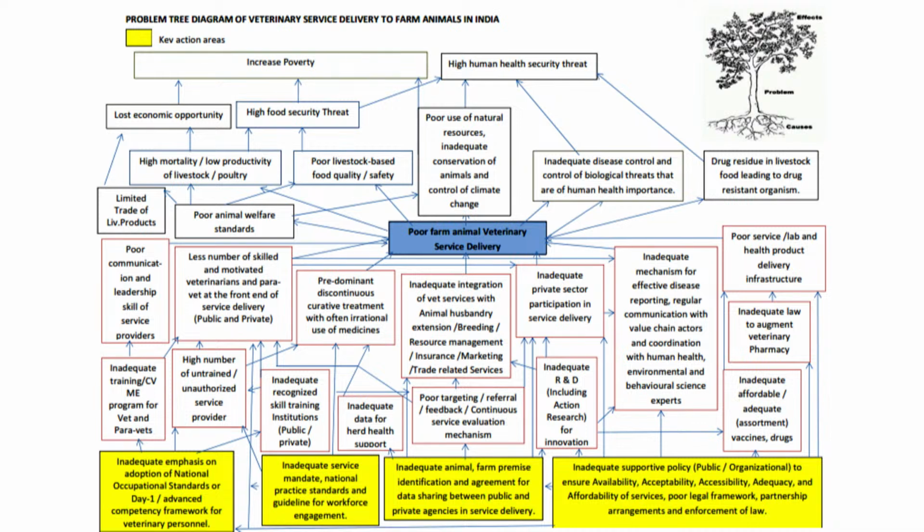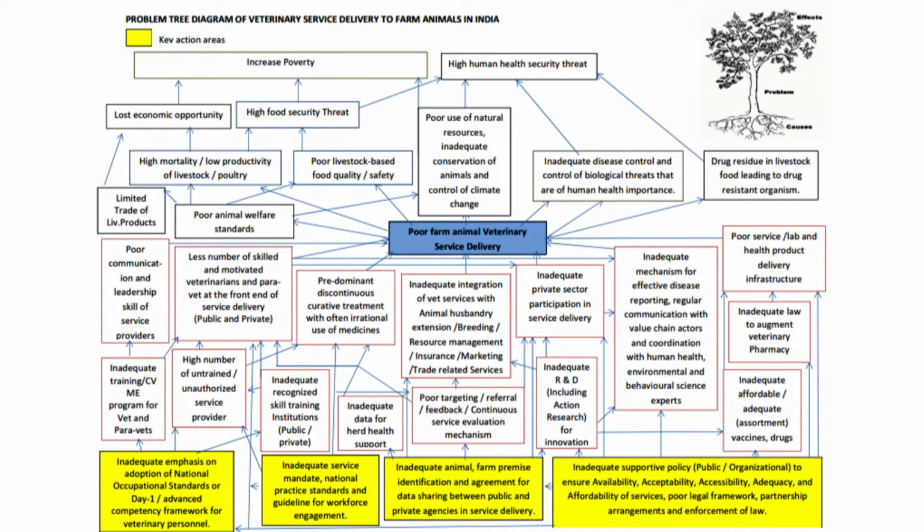What I want to clarify for you is that you will notice that a problem analysis already states the issues in a negative way, or in a way where you understand why they're problematic. So: inadequate emphasis on adoption of national standards, inadequate training, high number of untrained, and so on, less number of skilled and motivated veterinarians.